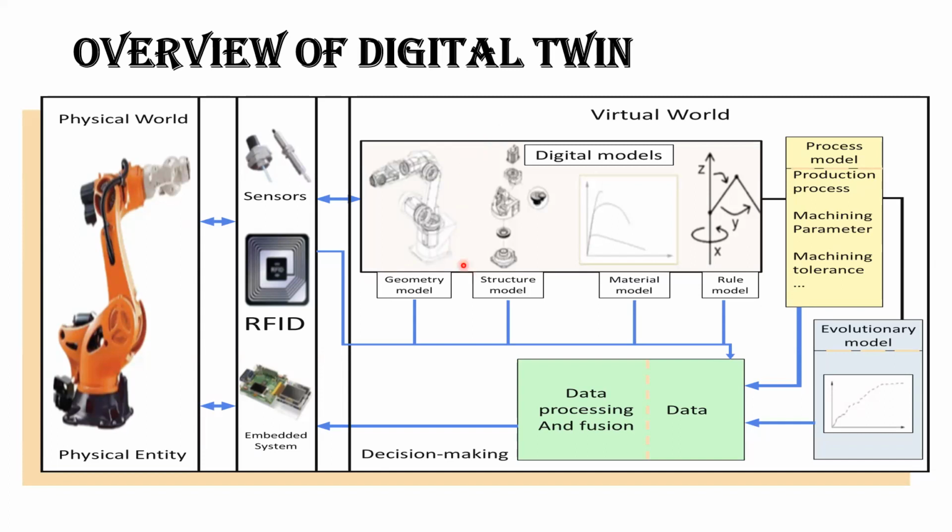From here, we have different simulation models, and the data coming to this simulation model will be from this place. Once we have the simulation model, it is given to the process model, depending on what we are doing.